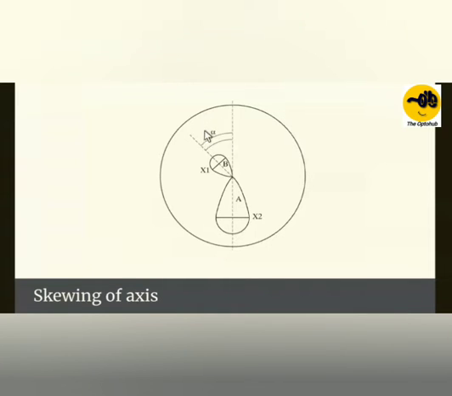amount of skewing. Now, when is this kind of measurement of axis important? When you are suspecting a case with some sort of ectasia. You start observing that there is a skewing of axis. It becomes more significant when it crosses 21 degrees in measurement.